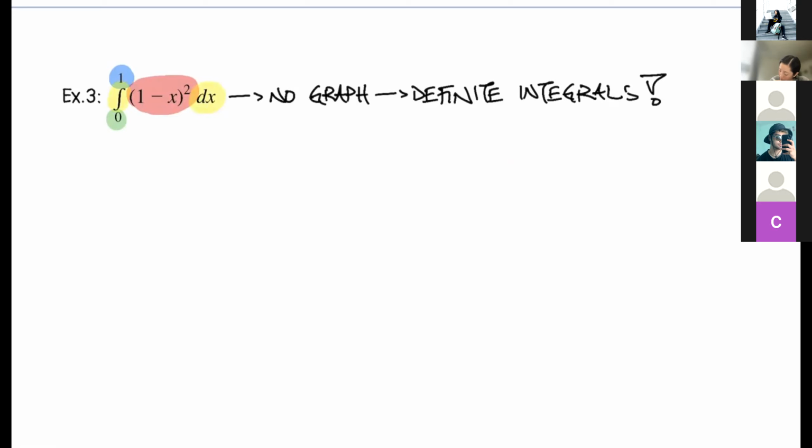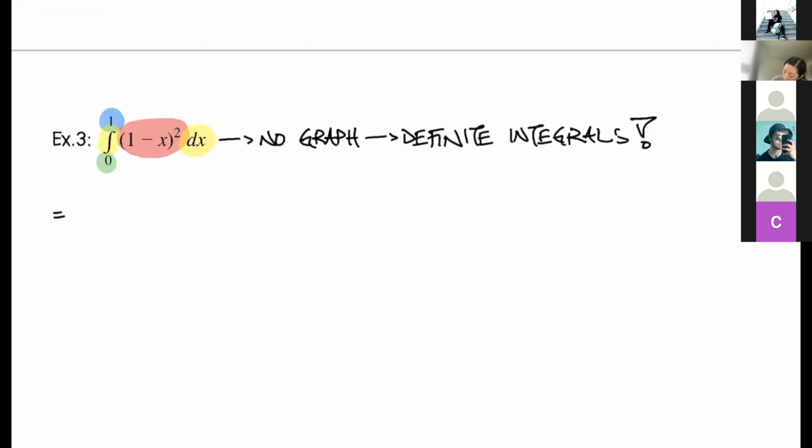Okay. So here's what we're going to do first. If we were taking a derivative of this pink part or the red part, 1 minus x, that quantity squared, okay, what rule would we use in derivatives?